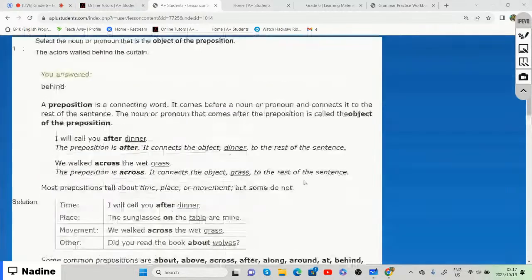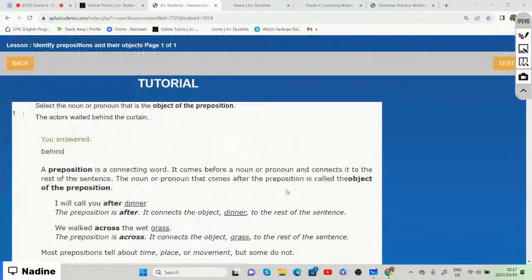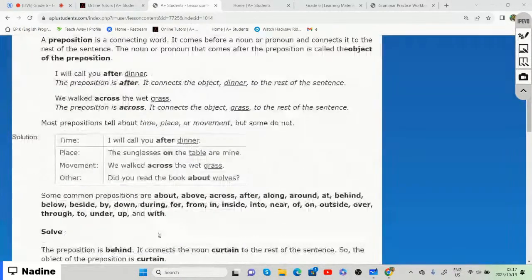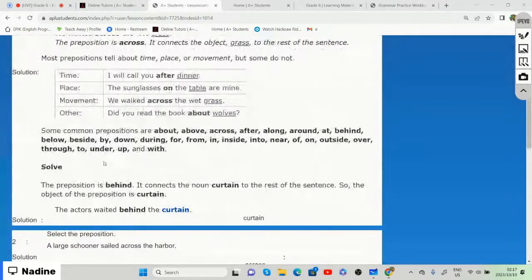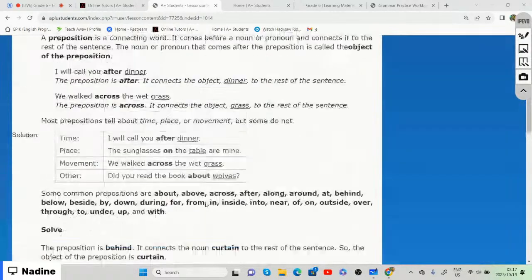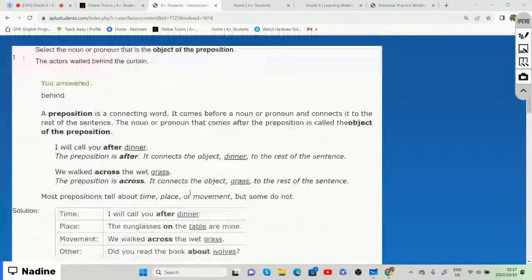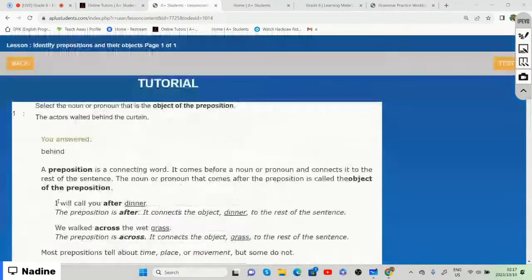So now we went over the different prepositions as well as the objects, and some of the common prepositions. Now let's select the noun or the pronoun that is the object of the preposition.